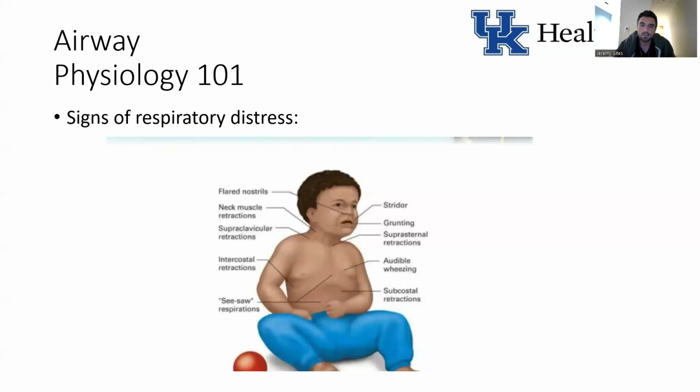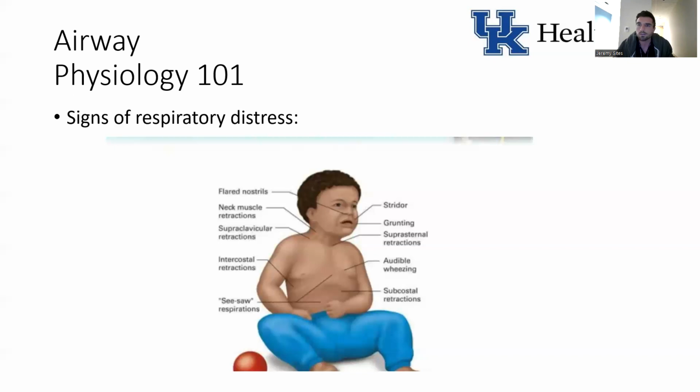The rest of these signs are more general signs of respiratory distress that can occur in upper or lower respiratory tract disease. So flaring of the nostrils, very common in children. Retractions, which can occur suprasternal, supraclavicular, intercostal or between the rib spaces, or subcostal below the rib margin.